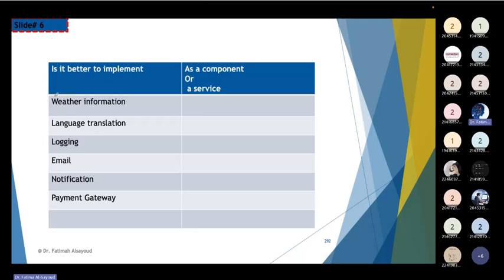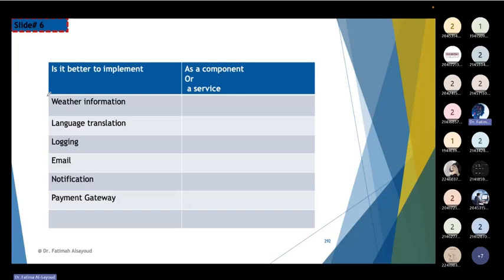Now, in the way we said a while ago, we can give you any scenario asking you to give an example of a service or an example of a component. Or we can give you an example and we need you to categorize it.